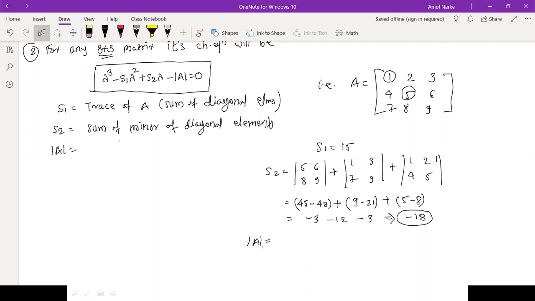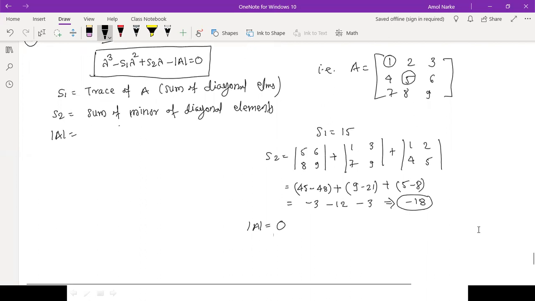Recalculate it. Tell me whether it is 24 or 0. It's 0.